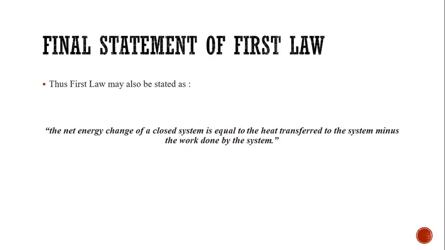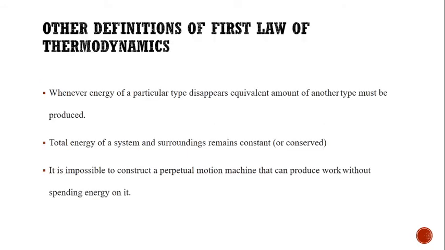So from this first law, we can also conclude a final statement: the net energy change of a closed system is equal to the heat transferred to the system minus the work done by the system. This statement is derived from the final mathematical form of the first law.